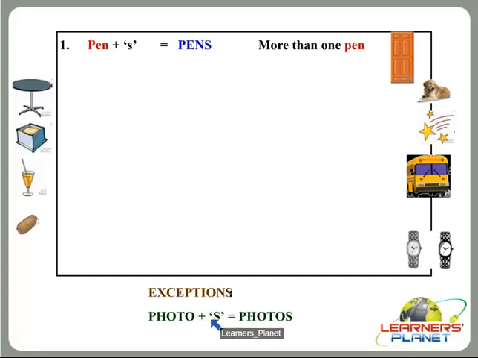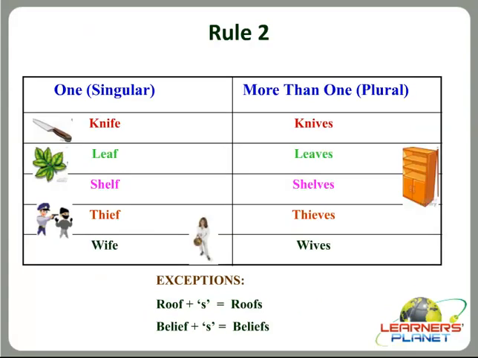Photo plus S gives photos. The naming word photo ends in O. If we follow the rule, we have to add ES. But this does not follow the first rule and it says, I will add only S. So it becomes photo plus S and not ES. So we get photos. Just like this exception, we have another exception for the next rule.